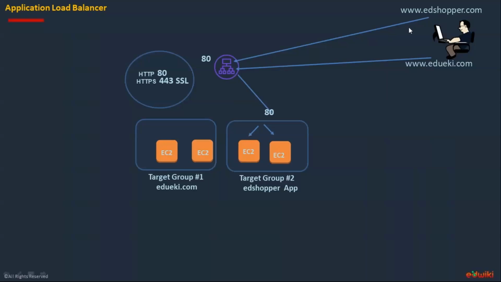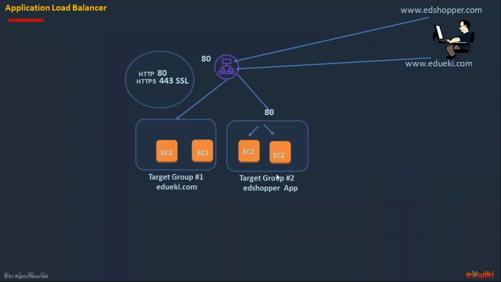If the end user is trying for edshopper.com, the request should go to target group number 2. If the client is looking for the edueki.com website, then the request should go to target group number 1. That's where the edueki.com website is configured. That means if you have multiple websites, yes, it is possible to have one single application load balancer.